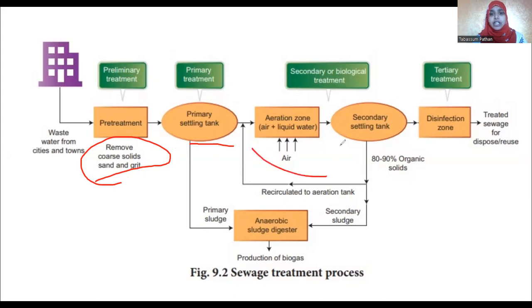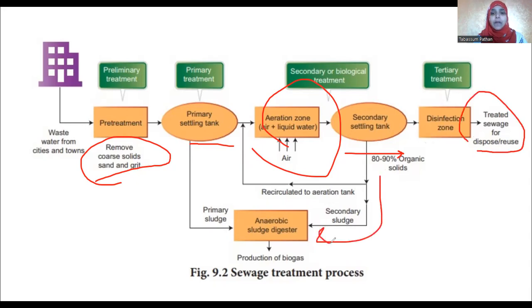Then aeration is provided along with the inoculum, that is aerobic microorganisms, where they are constantly agitated. Then they are settled again to go to the tertiary treatment process, where the sludge is settled down and the water is chlorinated and released into water bodies, and the activated sludge is subjected to anaerobic sludge digestion, which leads to production of biogas.